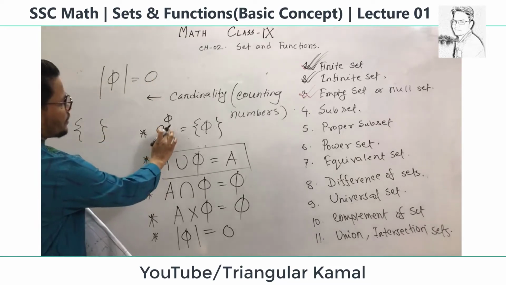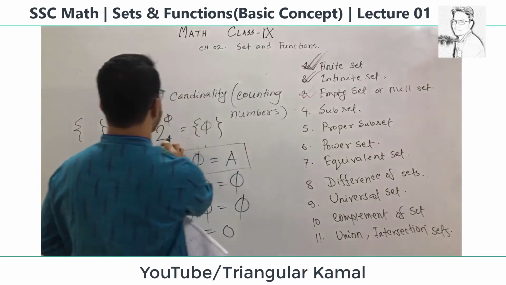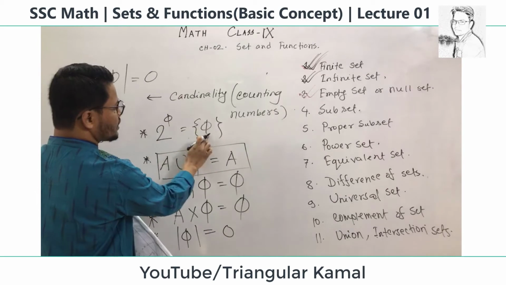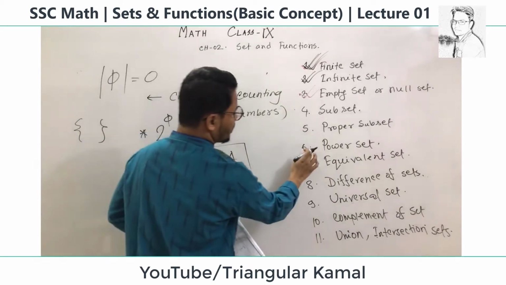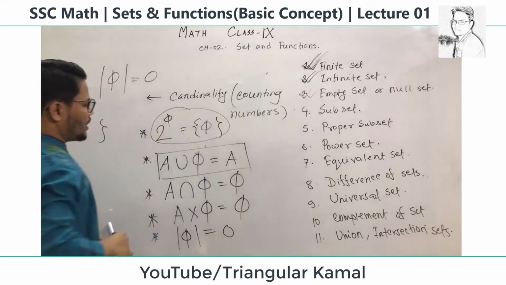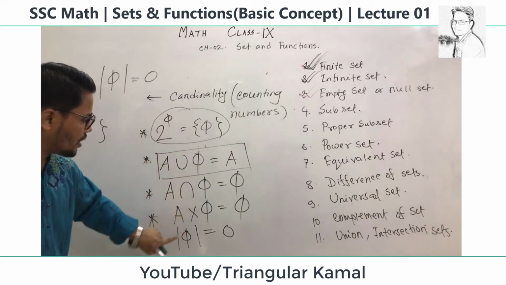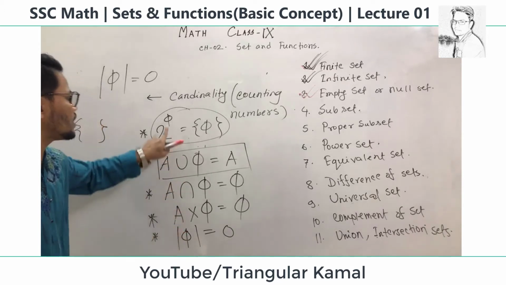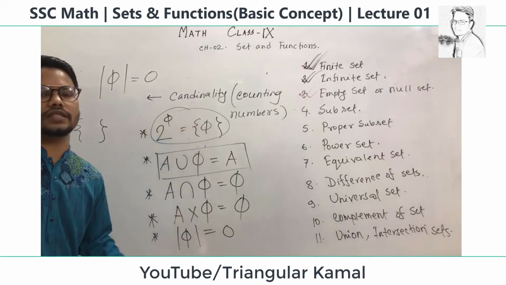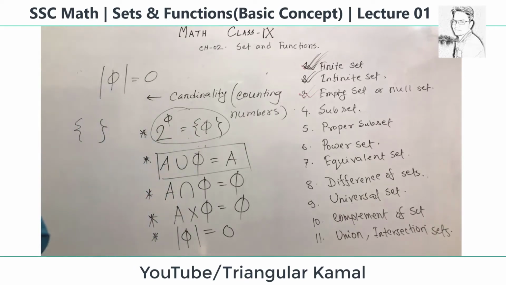This is the power set. In this step I will discuss the power set of the null set, which will be this one. In step 7 I will discuss this formula. So my dear students, I think this is now clear: union, intersection, cross multiplication, cardinality and the power set of the empty set.